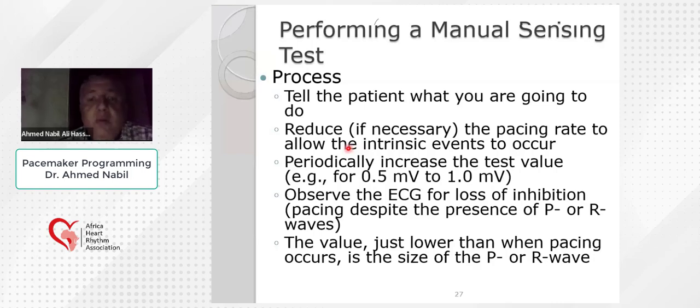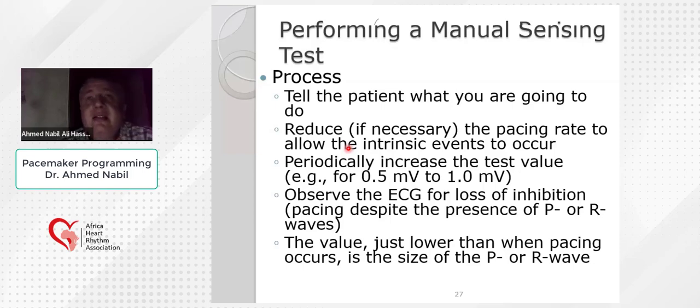And I start to increase the value of the sensing and observe the loss of inhibition, when the pacemaker does not sense. So this means that this is the sensing threshold of the device.